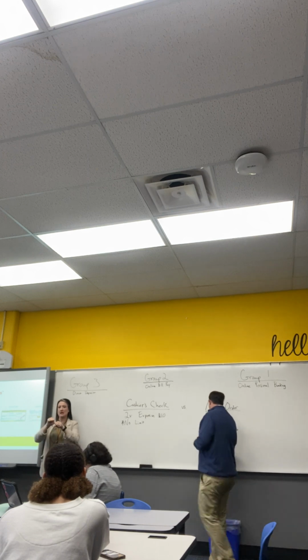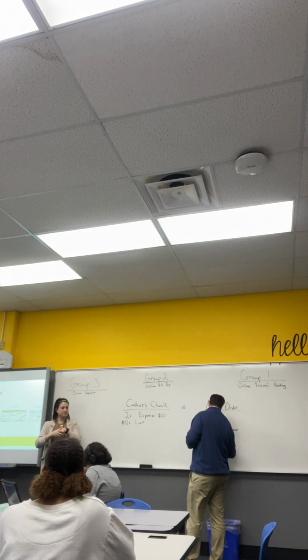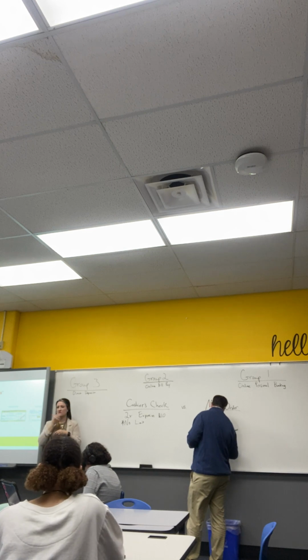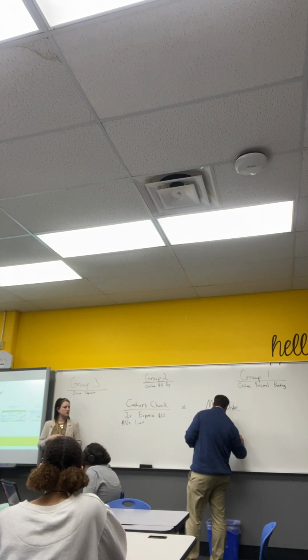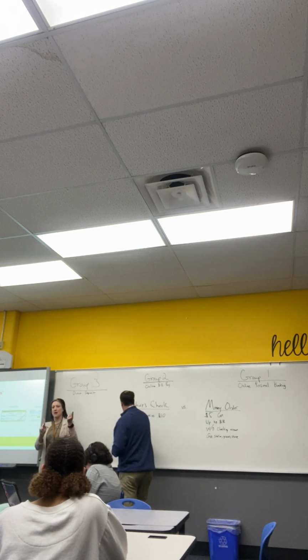Good. Where can you get a money order at? A gas station. Okay. Grocery store, okay? Couple of different spots. Where could you get a cashier's check? The bank, right?